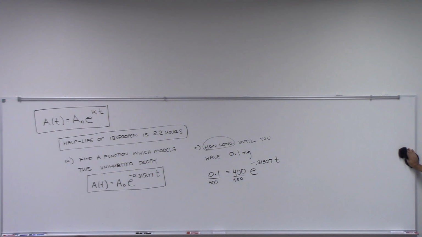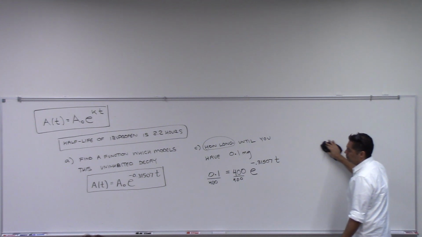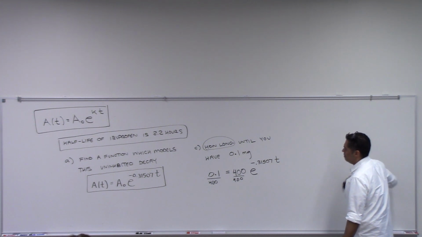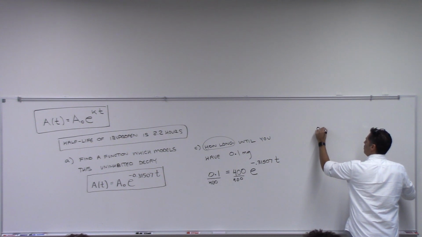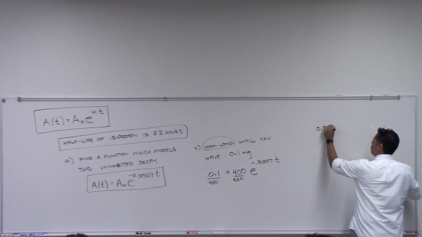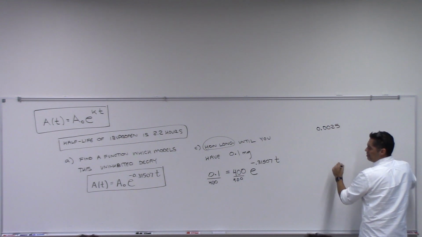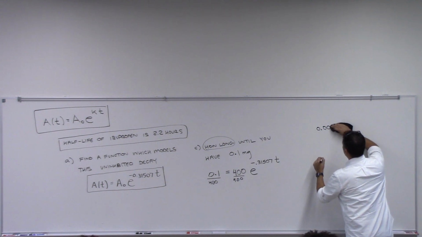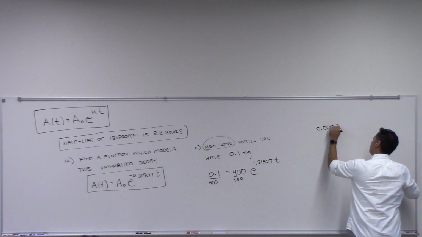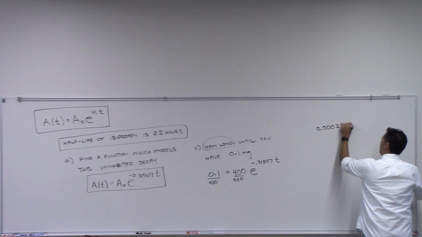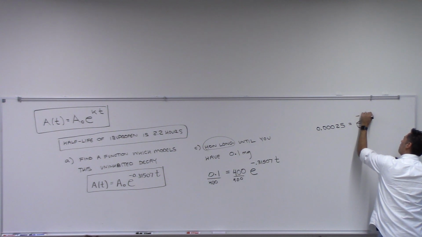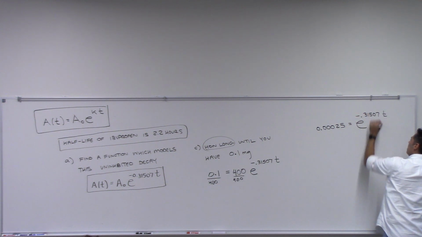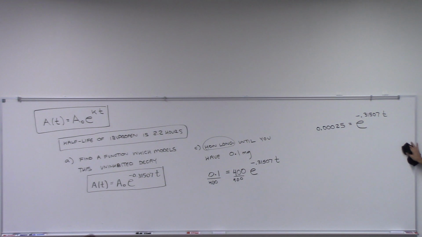It's 2.5, 0.00025, 3 zeros, equals e to the negative 0.31507 t. Okay, all I did there was divide both sides by 400.